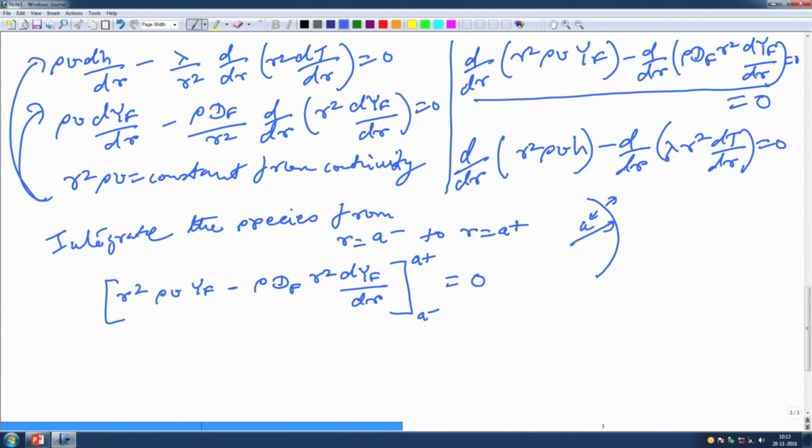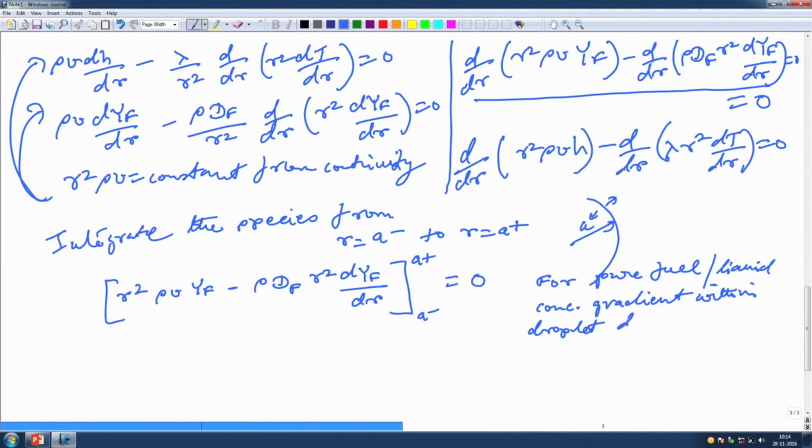So, for pure fuel, or whatever is the liquid that you are concerned about, the concentration gradient within the droplet does not exist. Within the droplet you have basically YF equal to 1, has to be the case always, correct.